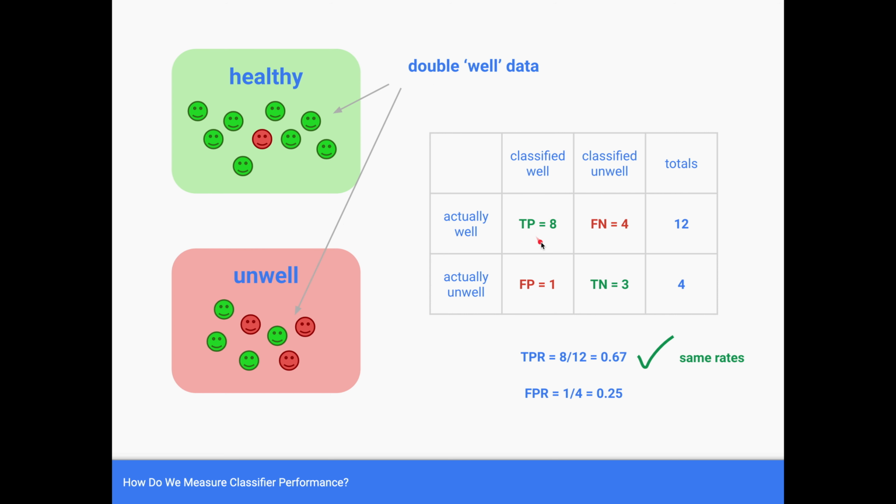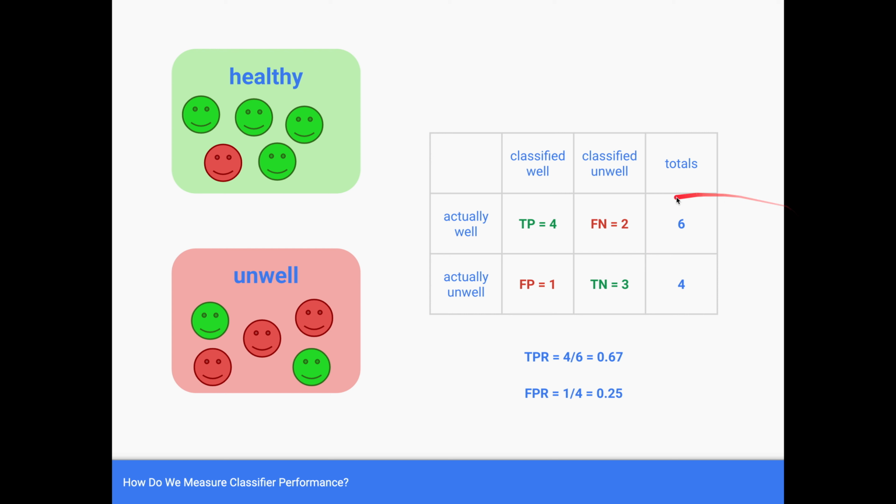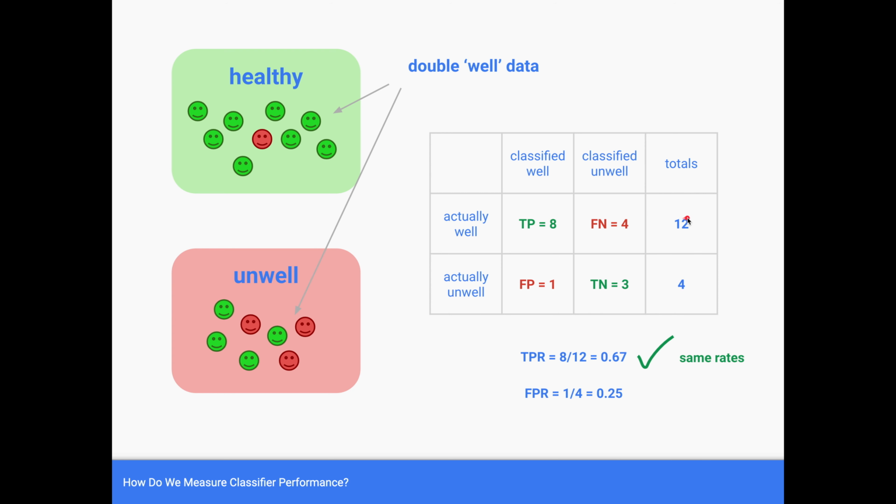You can see here we had a total of 6 actually healthy people and 4 unwell, and now we've got 12 and 4 unwell, so we've doubled the number of green people, and our true positives are 8, false negatives 4, and if we do the calculations again, the numbers match up again. 8 out of 12 is 2/3, false positive rate 1 out of 4, which is 1/4.